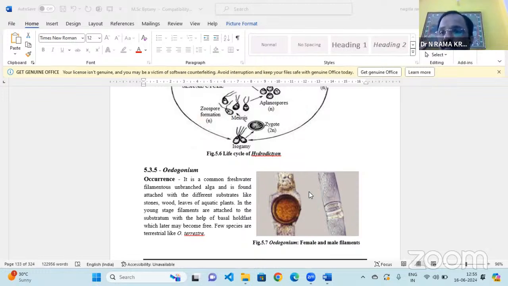Where the eye spot is, where the flagella are. That is important. In Ulva, there is a stalk and holdfast. Similarly, one more important topic is Enteromorpha. Enteromorpha is a marine alga. It grows in channels and salt marshes, covering large areas. It is attached to rocks, a little bit more advanced plant. Now we have completed the structures.